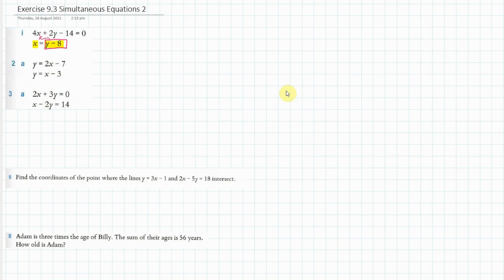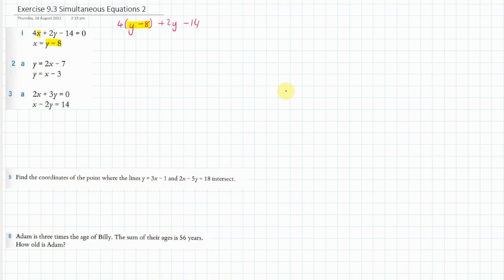So this top equation here, we could rewrite as 4 bracket y minus 8, since we realized from the second equation that's what x is equal to, plus 2y minus 14. So what we've done here is replaced our x with what x is equal to.